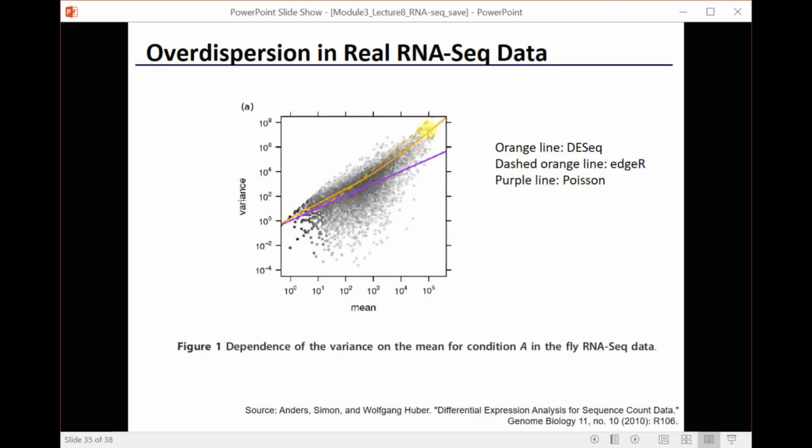The orange solid line is the mean-variance relationship modeled in the DESeq software, and the orange dashed line is the relationship modeled in the edgeR software. We can see that both the dashed orange line and the solid orange line fit the data better than the purple line.